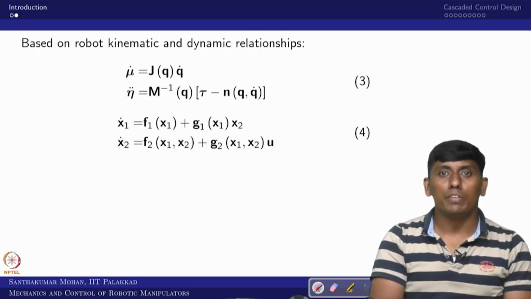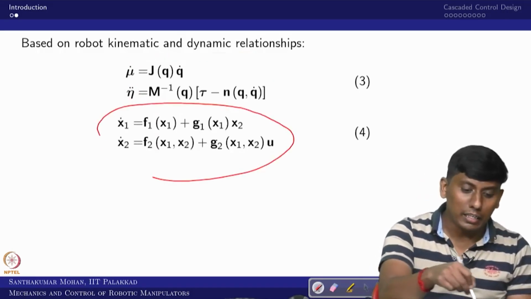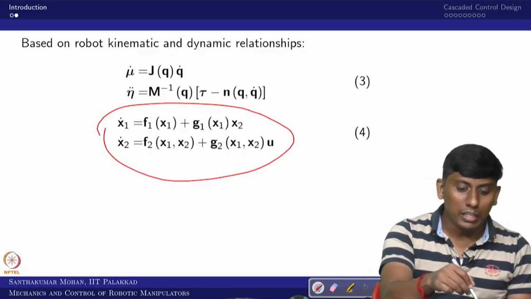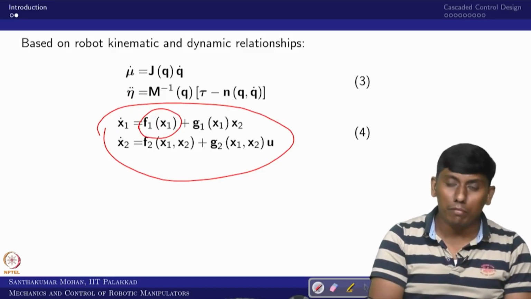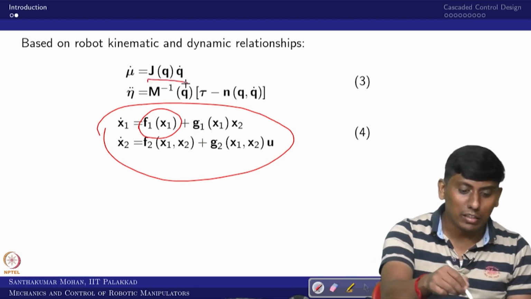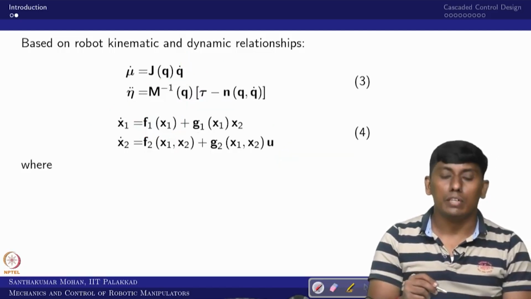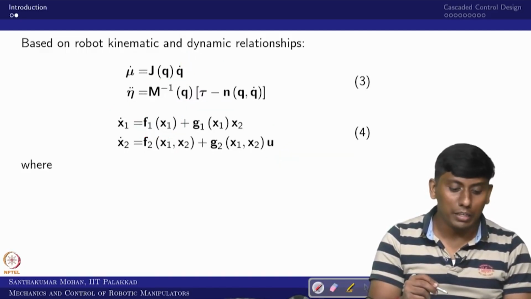In that case we can get x1 dot and x2 dot in this form. Now for f1 of x1, there is nothing because this is related to x2, so f of x1 does not have any value.